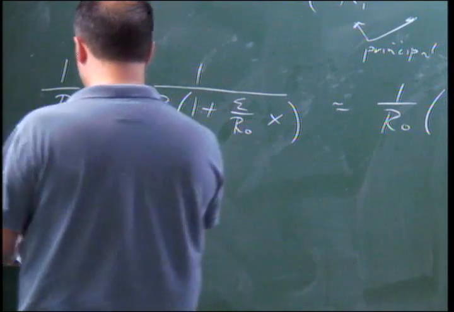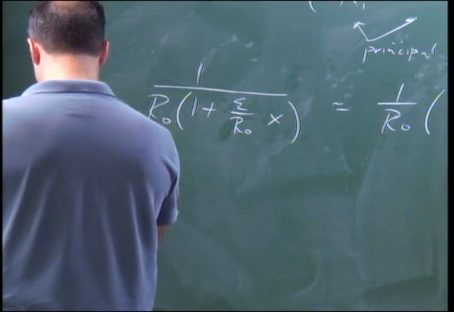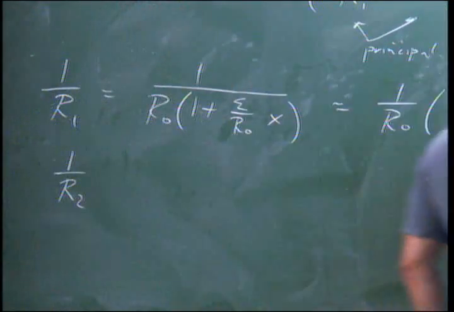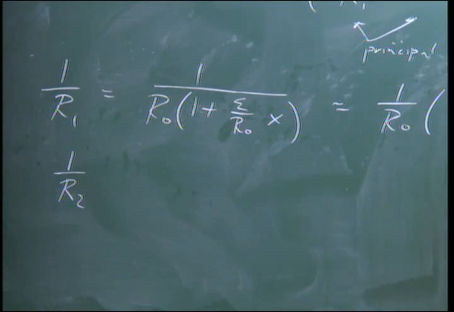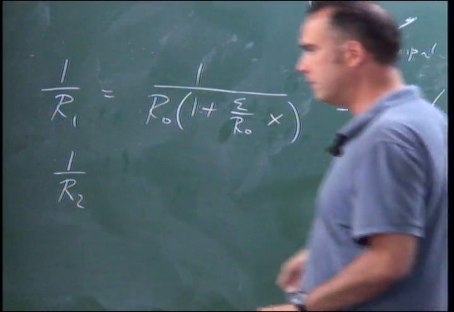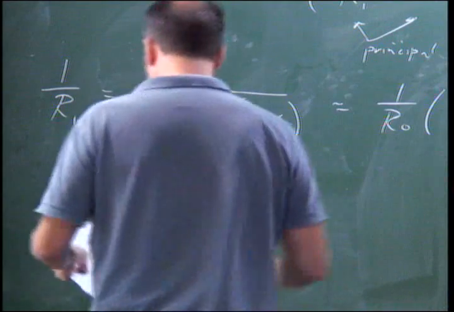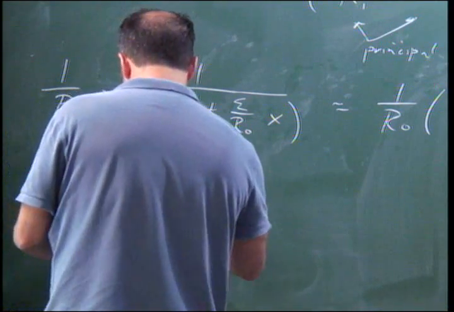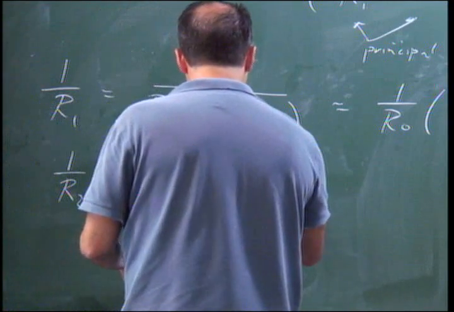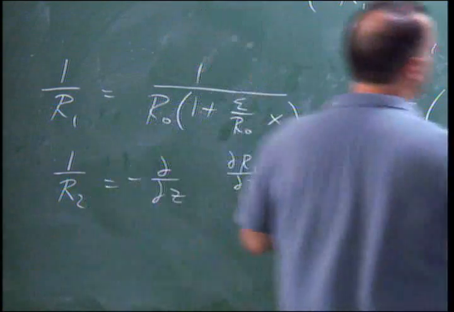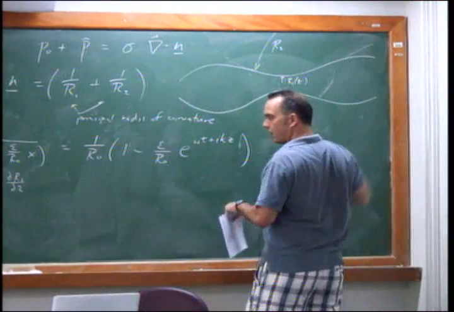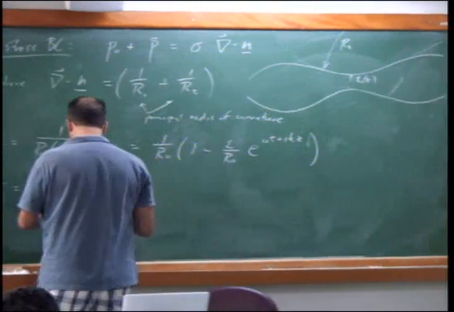And then we have 1 over R2. This we can actually calculate, since we've already calculated the curvature of a line. This radius of curvature we can calculate simply by treating this as an arc in the plane.